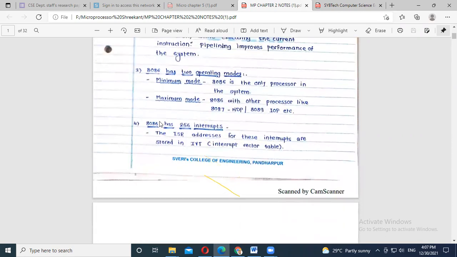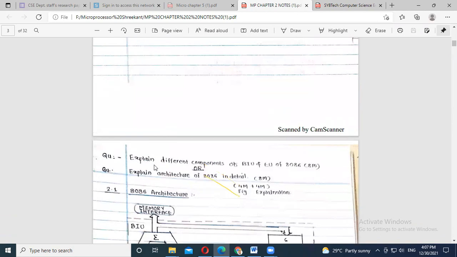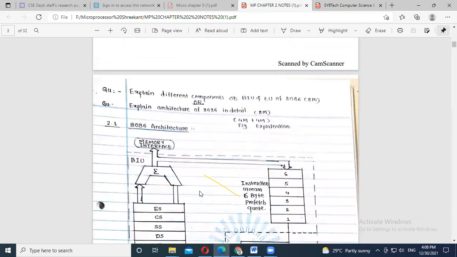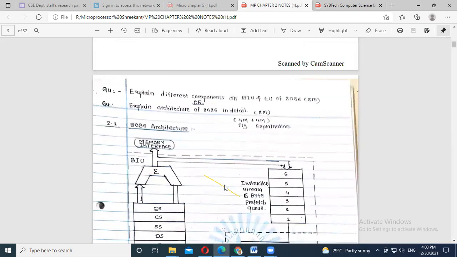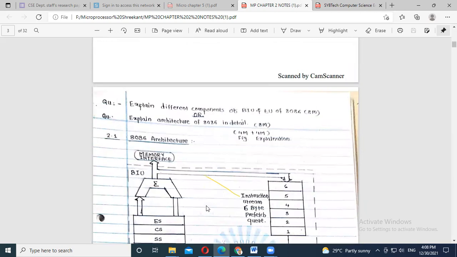But I have to mention seven features here. The next one is explain the different components of BIU, that is the bus interface unit, and the execution unit of 8086 in the architecture. Or in some other way to ask the question, that is explain the architecture of 8086. After that, explain the internal operation of 8086.